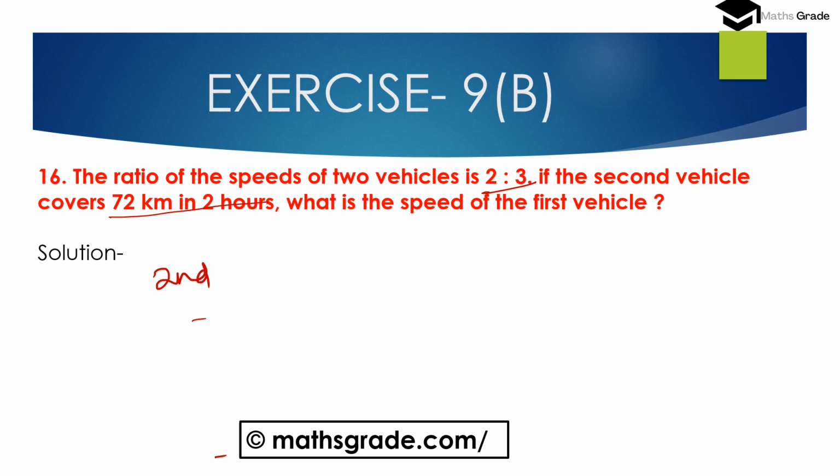The second vehicle covers 12 kilometers in 1 hour. We got 3x is 72, so x is 24.